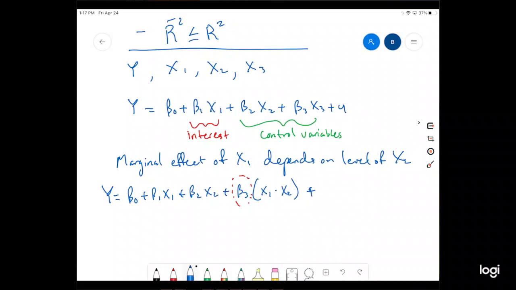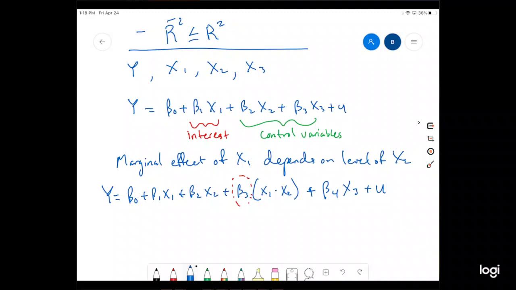And we still want to control for x3. We still want to have that as our control variable. So always remember when we talk about the marginal effects depending on the level of some other variable, that means we're looking for an interaction.